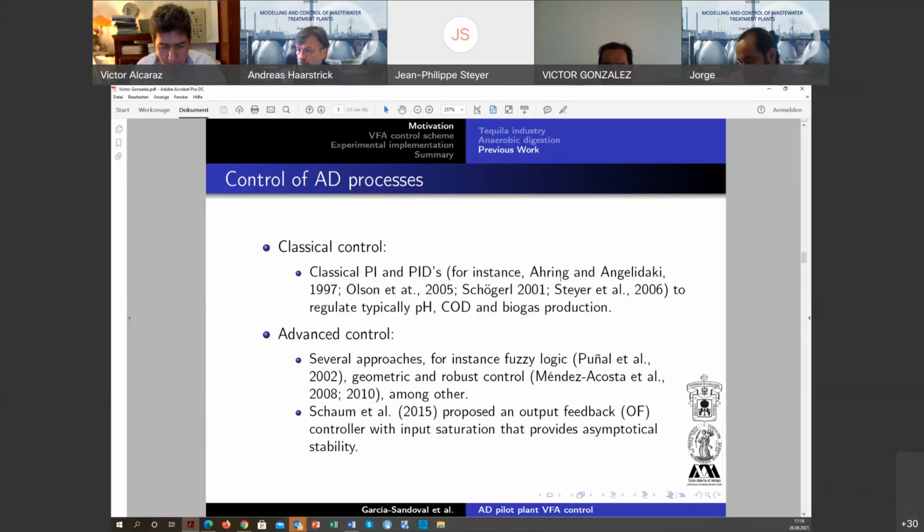Let me say a little bit about input saturation. With this feature, we take care of some practical problems that are very common in practice.